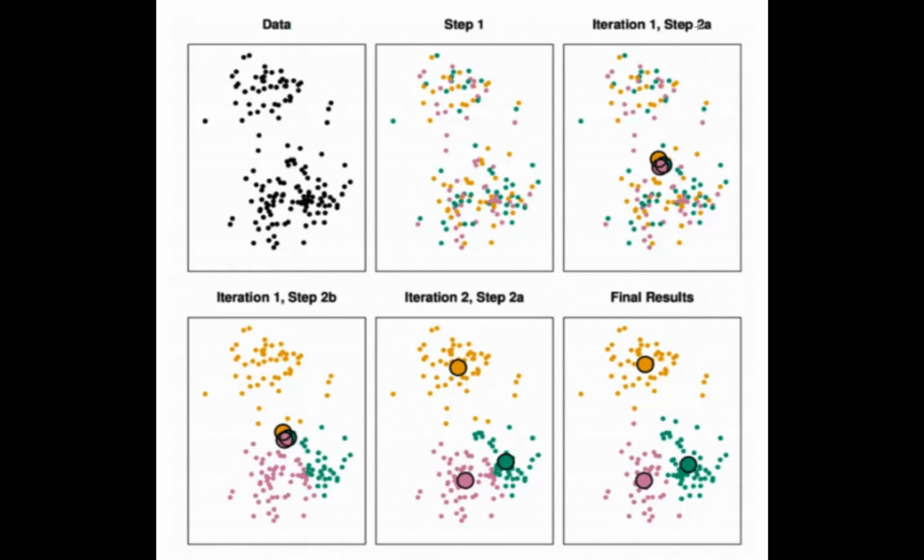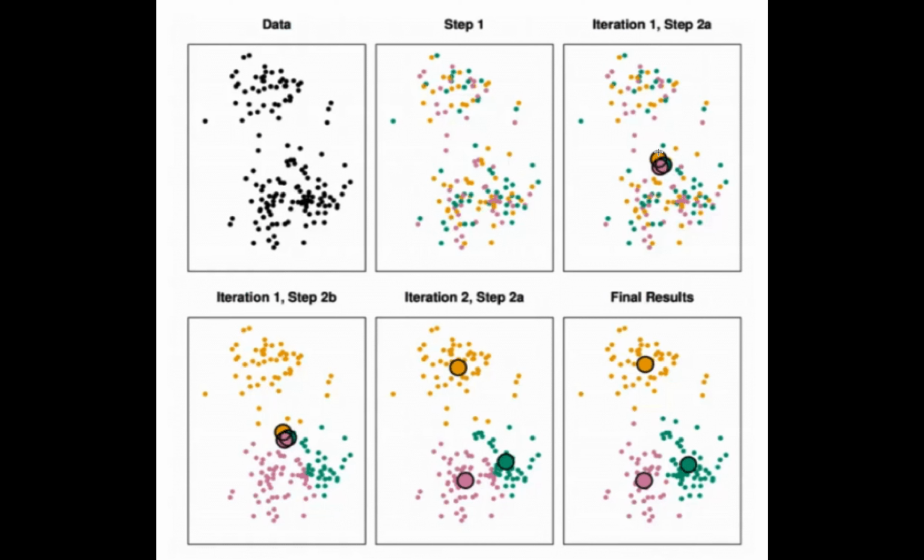If you look at step 2a, the yellow dot here is the centroid of the cluster of color yellow. It seems like they are a little bit overlapping, but that's okay.